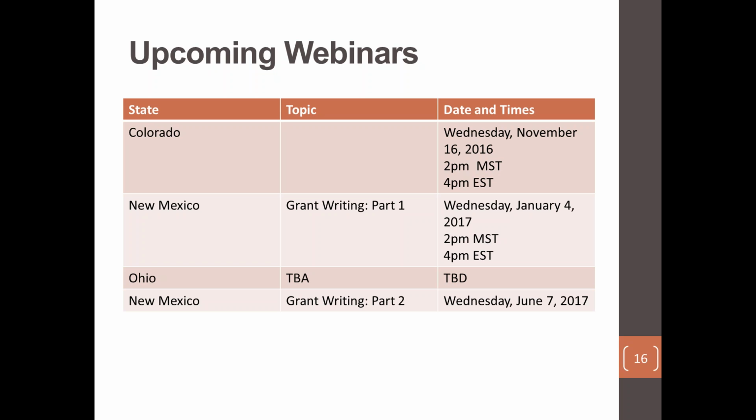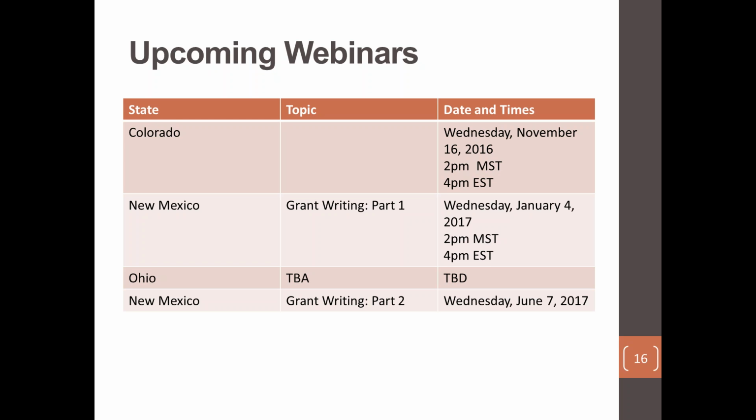So we have a couple of upcoming webinars that will be happening soon. The next one will be Wednesday, November 16th. It'll be 4 p.m. Eastern Time, and Colorado will be presenting. We will send out that information along with the topic as soon as we get the information from Colorado.